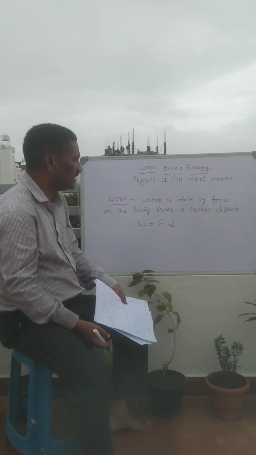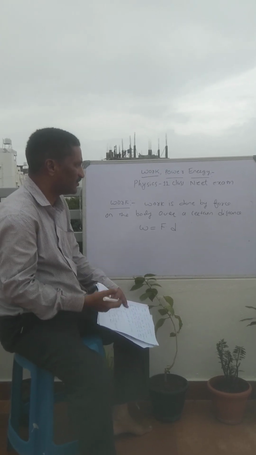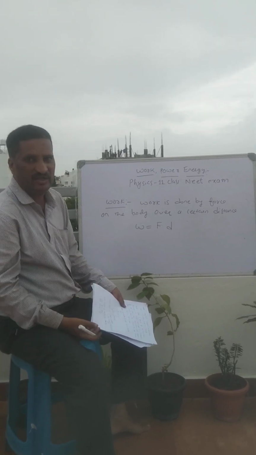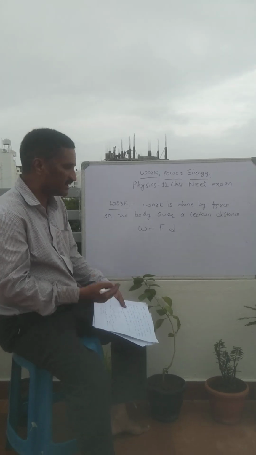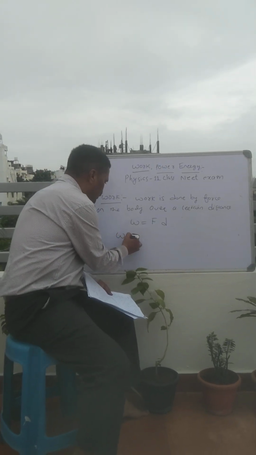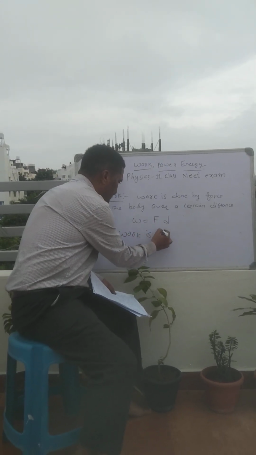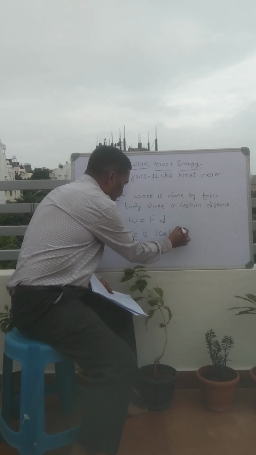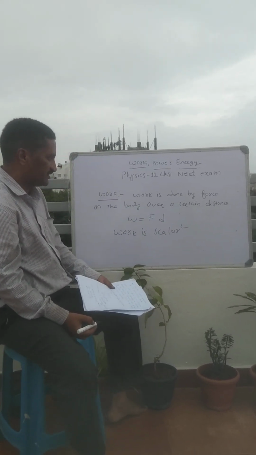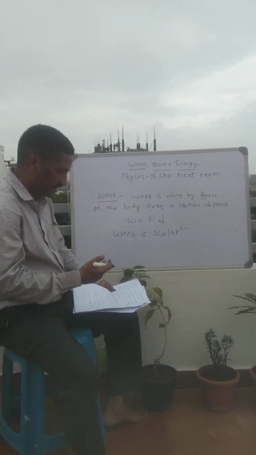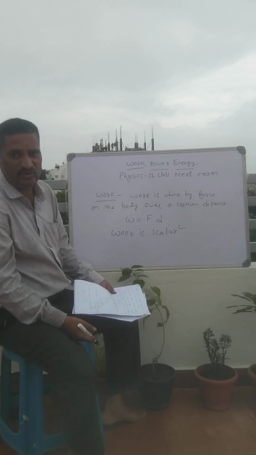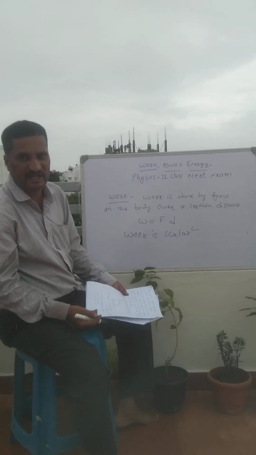Now we have a small doubt: whether work is a scalar quantity or a vector quantity. Usually work is a scalar quantity, that is important. You already know what is scalar quantity and vector quantity. Scalar has only magnitude, right? If you have a vector, it has both magnitude and direction.